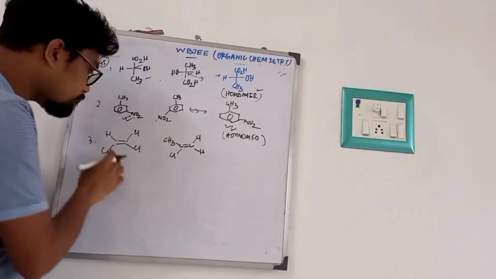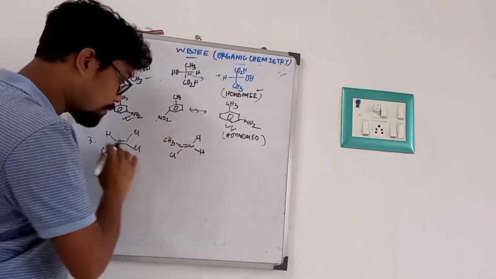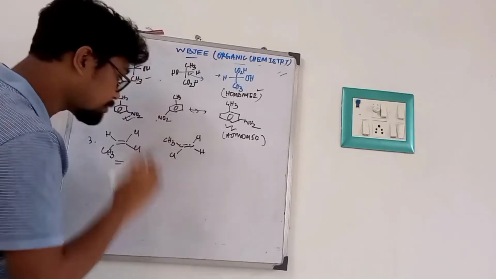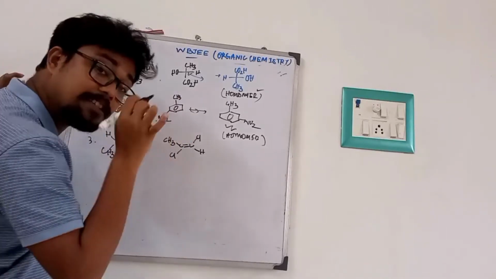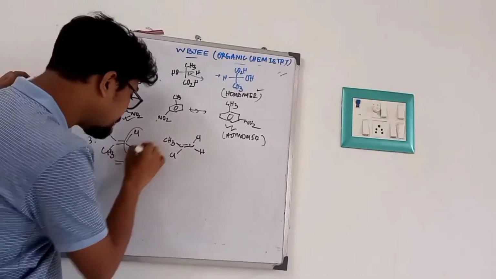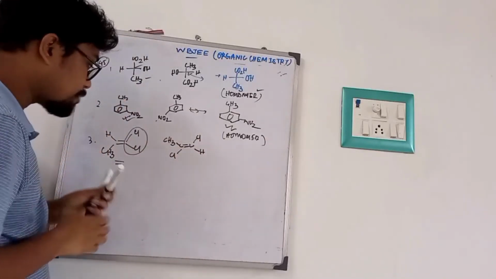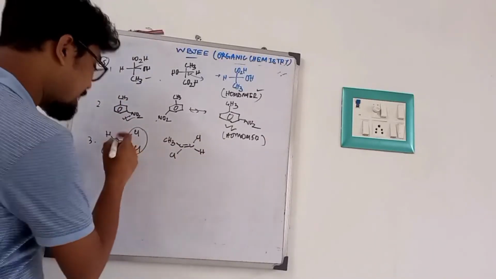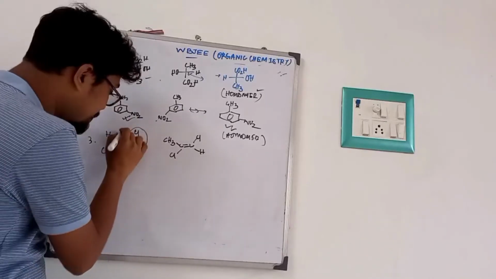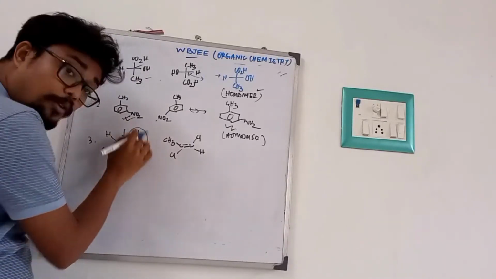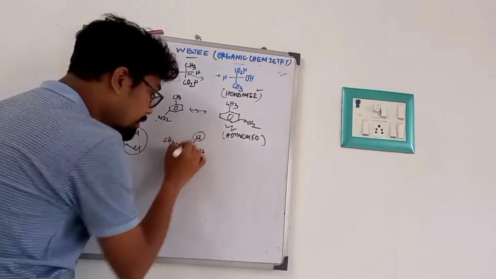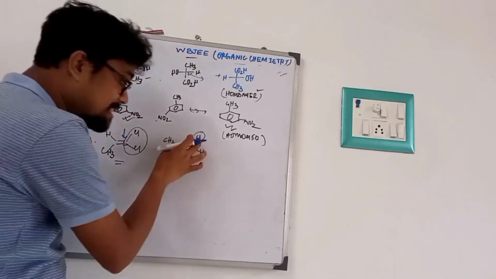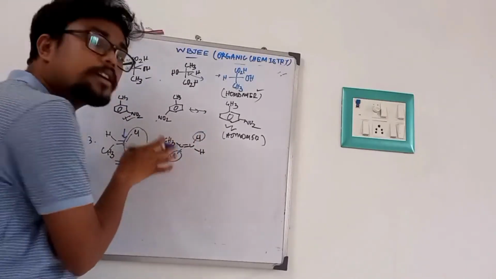And lastly, very interesting, this is not a diastereomer, because here we cannot apply the cis-trans concept, because the connectivity of the molecules is different. Connectivity means here both chlorines are connected to this carbon, but here the chlorines are not attached to the same carbon. So this is not a diastereomer.